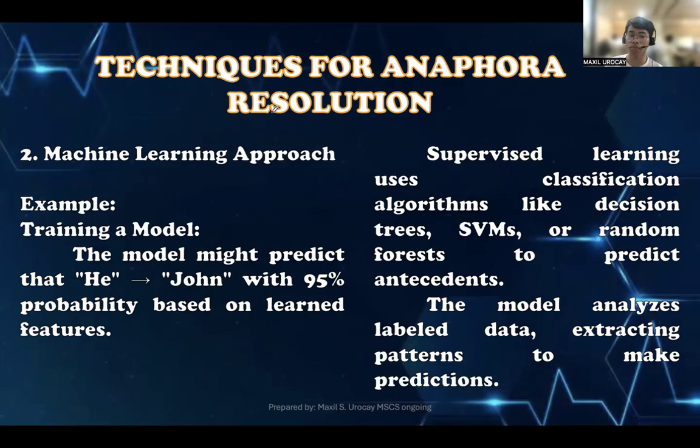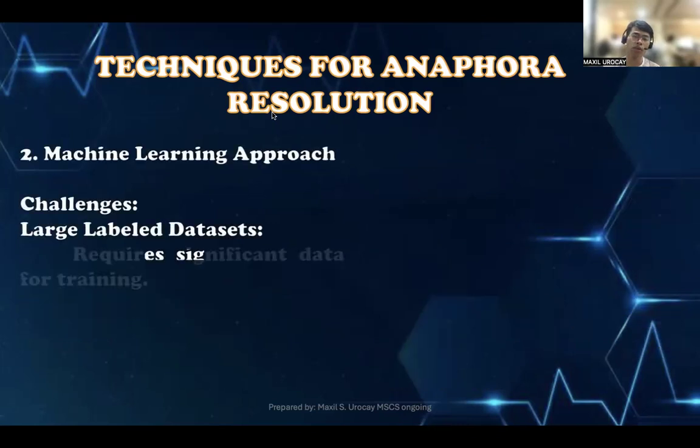SVM is also part of the machine learning models, if you are already learning machine learning. Now, the challenges for the machine learning approach: large labeled data sets. It requires significant data for training.